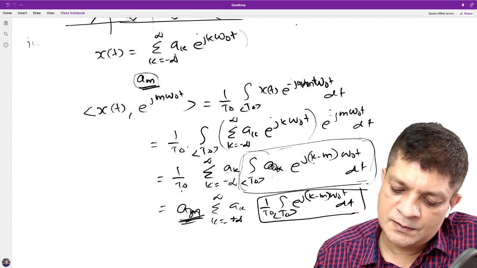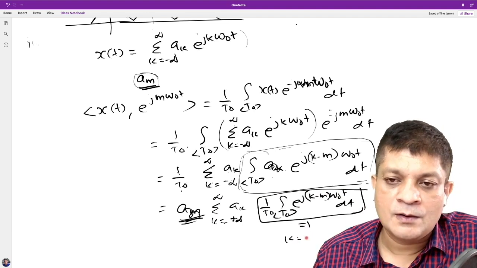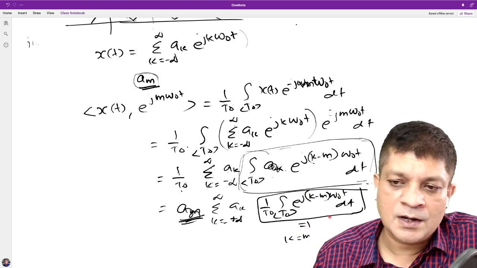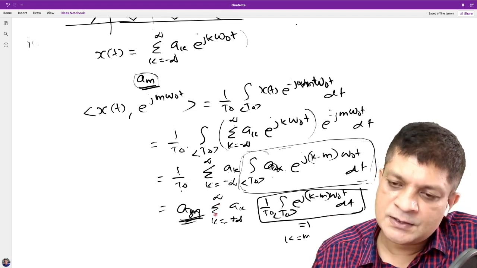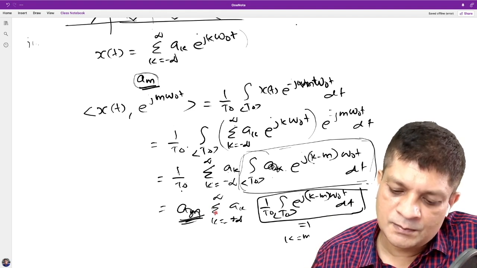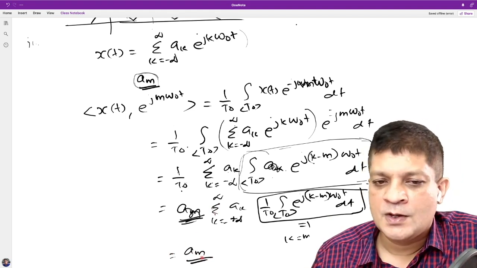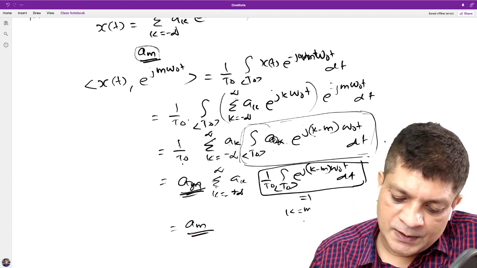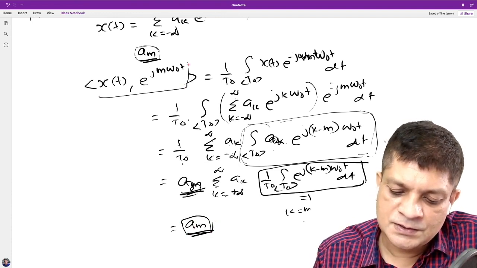This term is 1 when k is m, and for all other values of k it is 0. So in the summation there will be only one non-zero term, that is a m. So if you want to find the mth Fourier series coefficient, this is the operation.